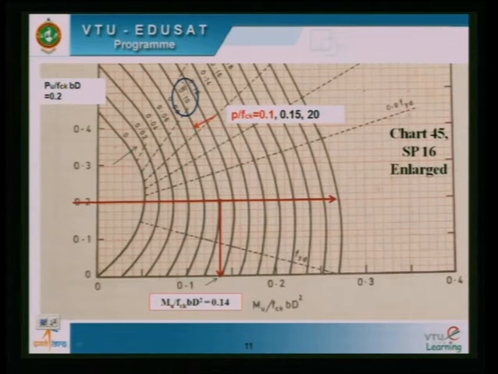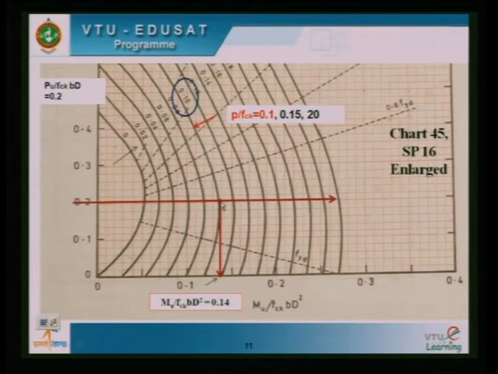In fact I have encircled that value of 0.1, which you may not be able to see in this transmission. Corresponding to that, if you simply run along this particular line corresponding to p by fck, kindly see the cursor how it is going, and corresponding to 0.2, going up to the point corresponding to your interaction curve for p by fck 0.1.